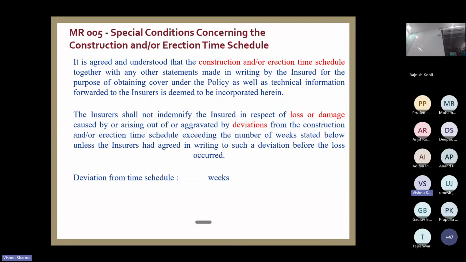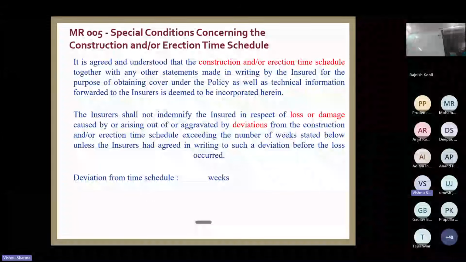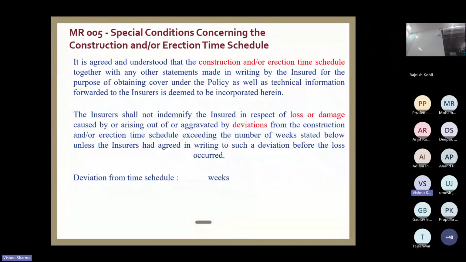How much is the completion level and what was scheduled to be completed? मतलब कितना complete, what was required to be completed at the time of loss and what is actually done. If the gap is more than 4 weeks, then the claim is prejudiced. This is what I am saying. You get me? Yes, sir. Now I am clear, sir. Thank you.